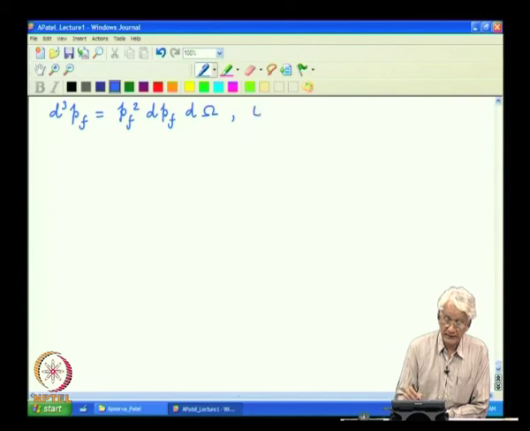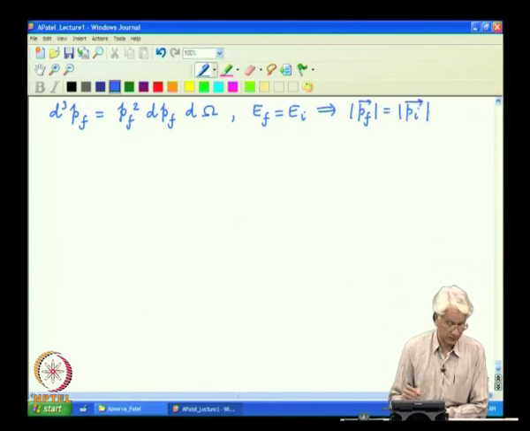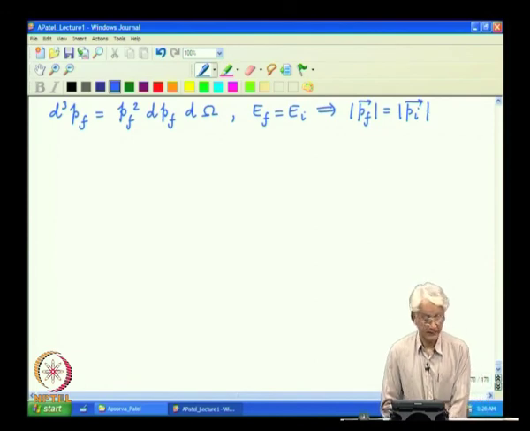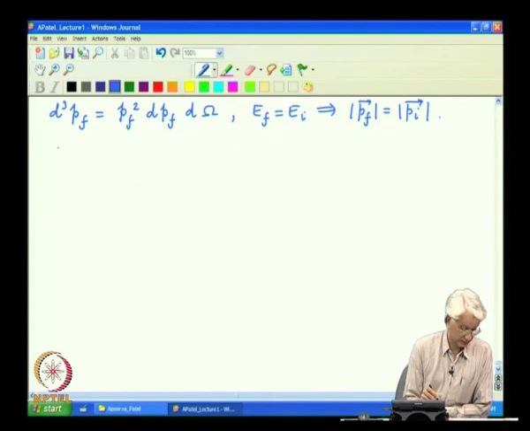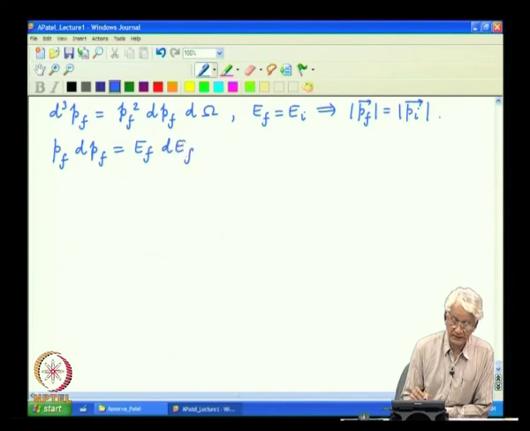The energy constraint implies that the two momenta are equal in magnitude. The dispersion relation implies that the differential of momentum and energy are related.